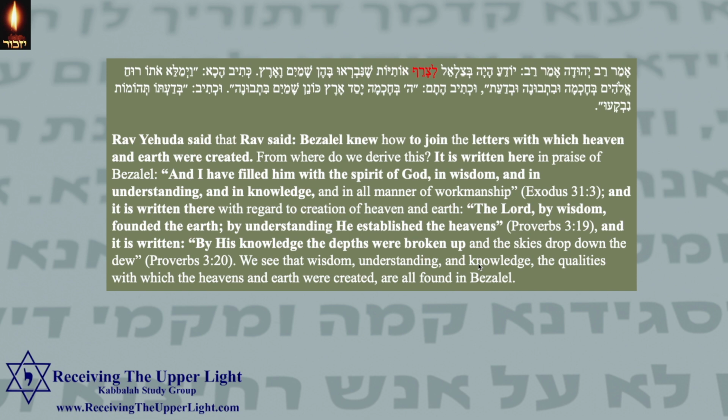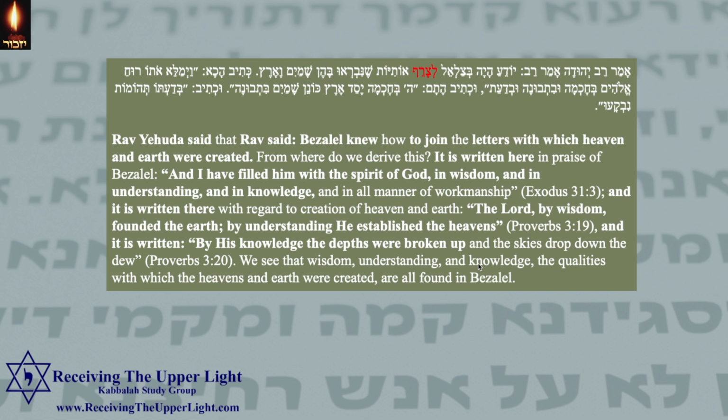Not only that, then we see that it's talking about the Lord by wisdom founded the earth, by understanding he established the heavens. So wisdom is Chokmah. And Chokmah, the earth is a foundation, and understanding is an establishment of the heaven, right? Understanding is Bina, and the heavens is Zeir Anpin. And the letters of the Hebrew alphabet, it is said that they're contained after Bina.